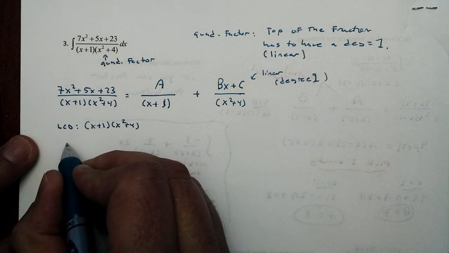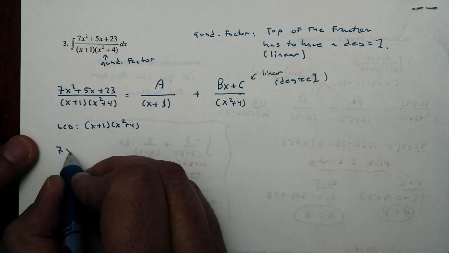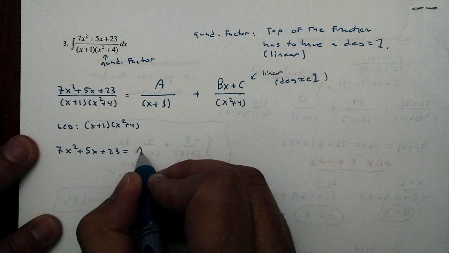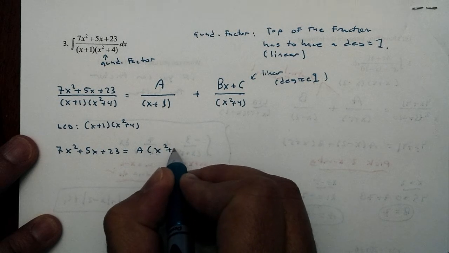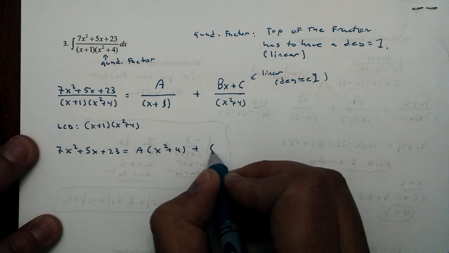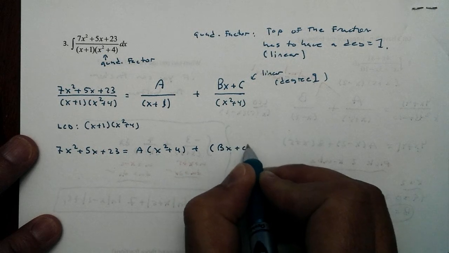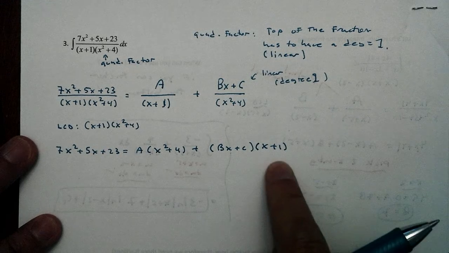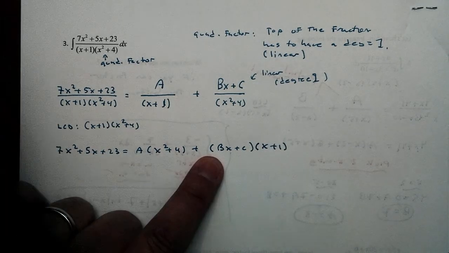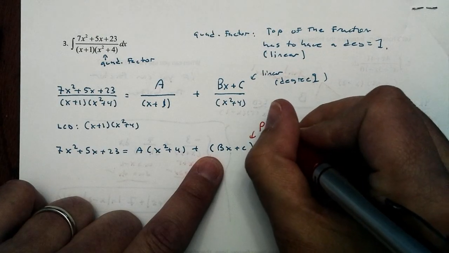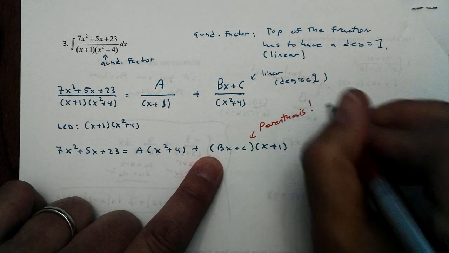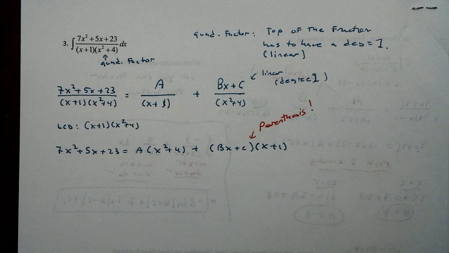And that's going to give us 7x squared plus 5x plus 23 equals A times x squared plus 4 plus this Bx plus C times this x plus 1. Now be very careful. Notice I put the Bx plus C in parentheses. This is going to become very important for us later on. Okay, you want to have that, I promise. That's my hint.